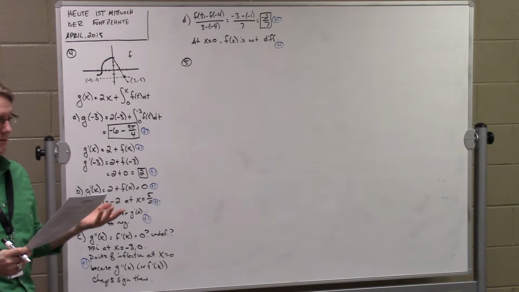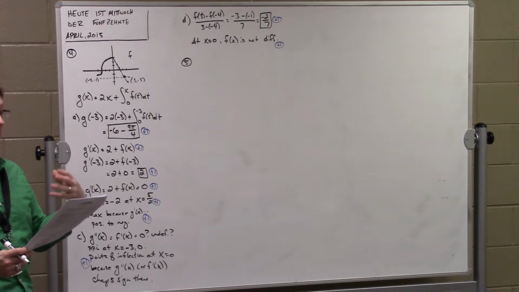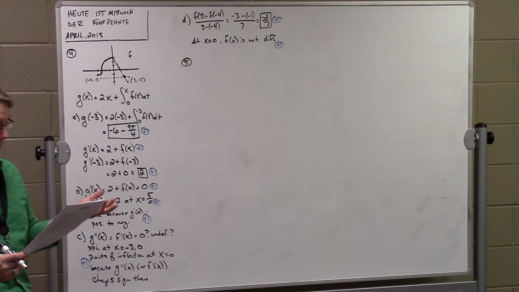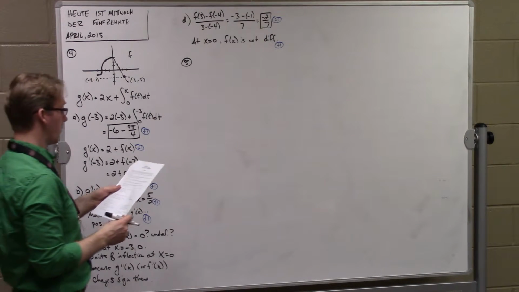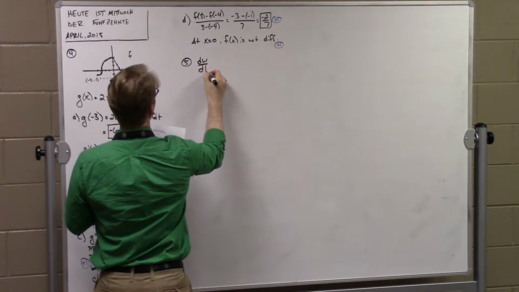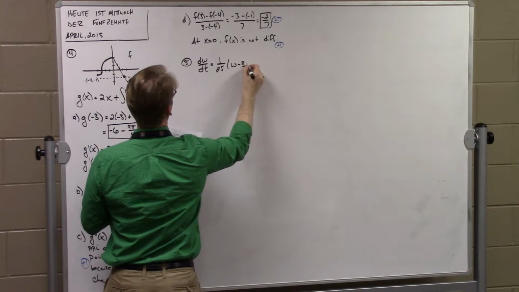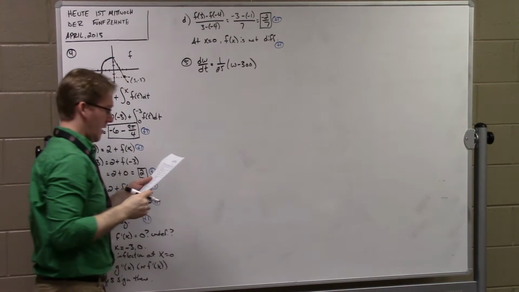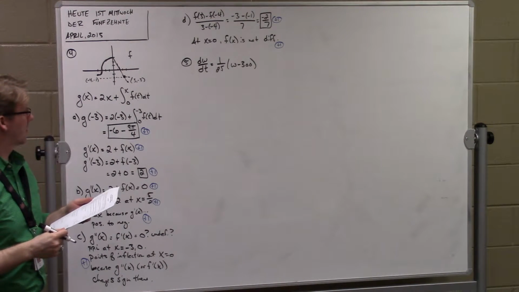So they haven't told us what W is, but it talks about an increasing model, that might be nice to know. Planners estimate that W will satisfy this differential equation, dW/dt is 1/25 (W minus 300) for the next 20 years. Okay, that kind of makes sense.